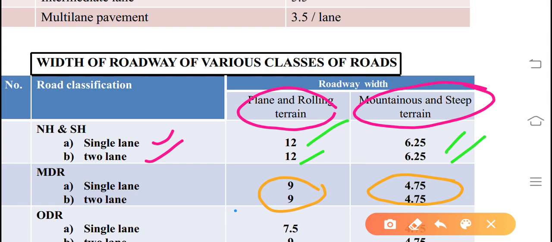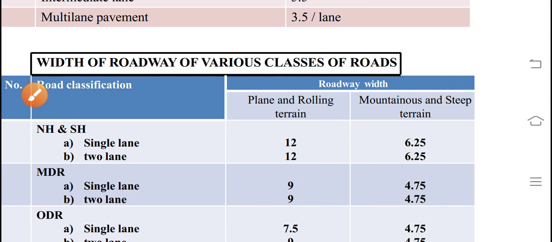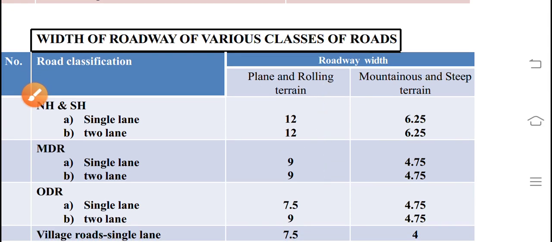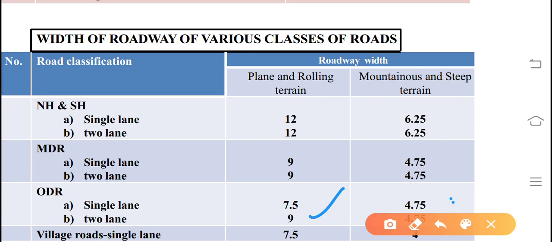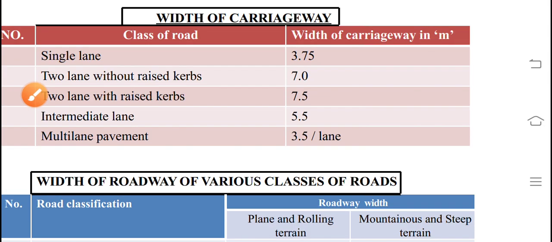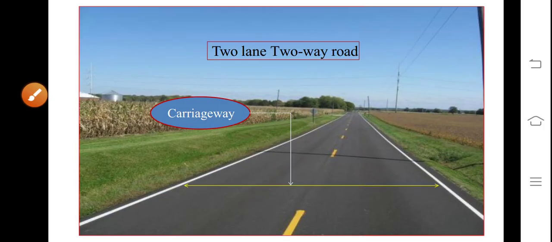Whereas ODR, other district roads, single lane 7.5 meters, whereas 2 lane it is 9 meters in case of plain and rolling terrain, whereas mountainous and steep terrain it is 4.75 meters. Village roads, only single lane is provided, that is 7.5 meter in case of plain and rolling terrain, whereas in case of mountainous region it is just 4 meter.